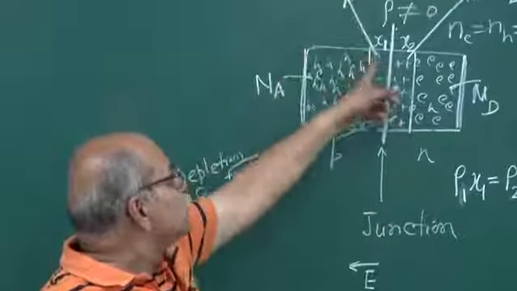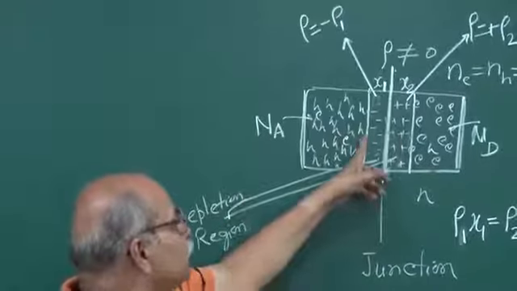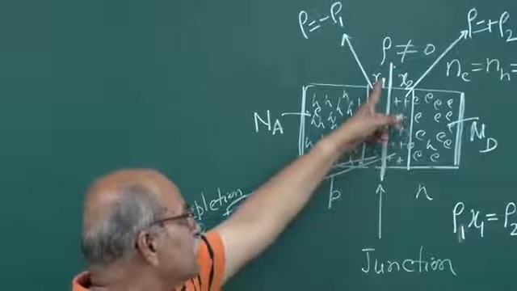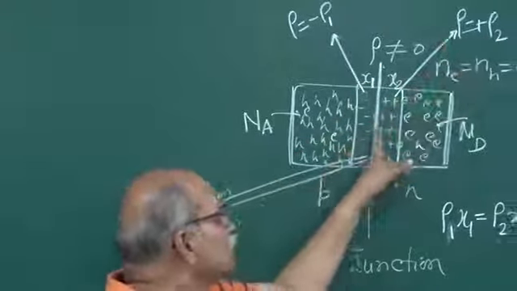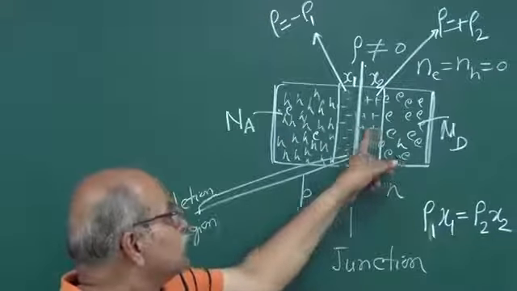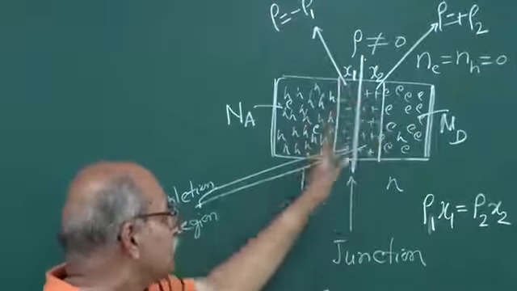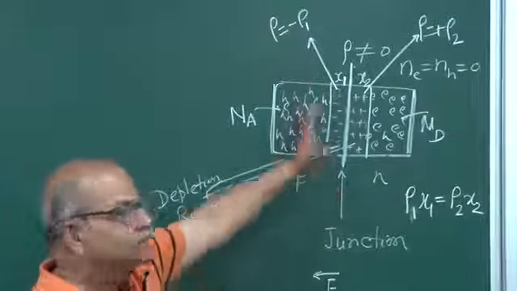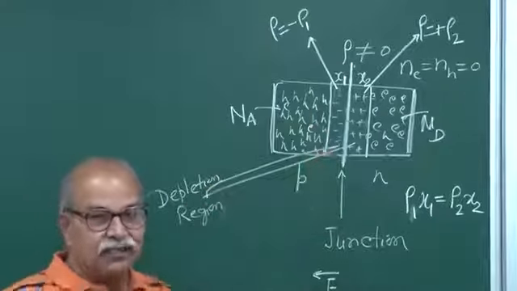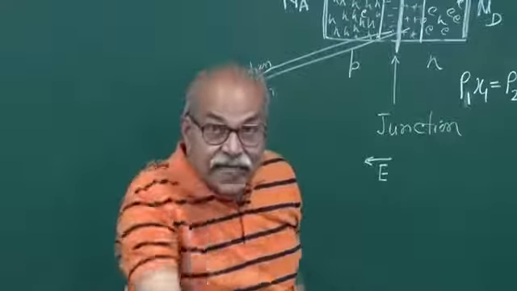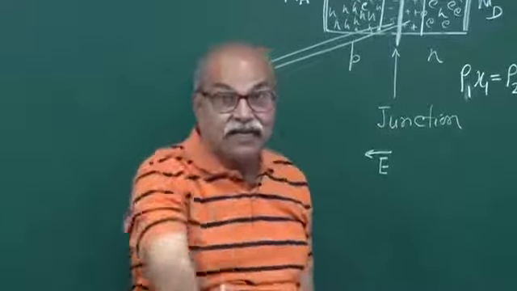So if this is say minus rho 1, and assume that it is uniform in this width x1, and this is plus rho 2, which is uniform in this width x2, and then when I am drawing this line, you understand it's a plane. It's a planar area. You have this semiconductor material, and junction is a plane layer.